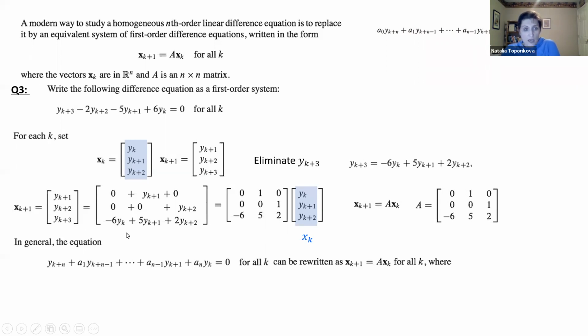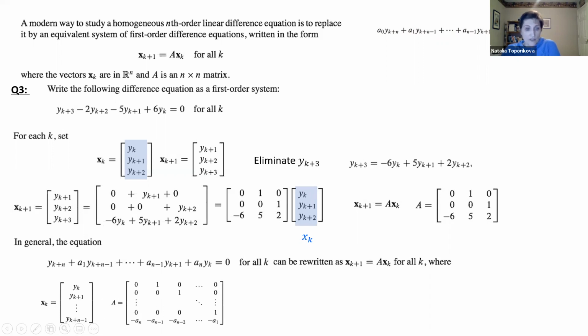In general, we can use this approach for pretty much any equation. So our linear difference equation can be written as a first order equation where our vector xk will contain all components up to the one before the last one, y k plus n minus 1.